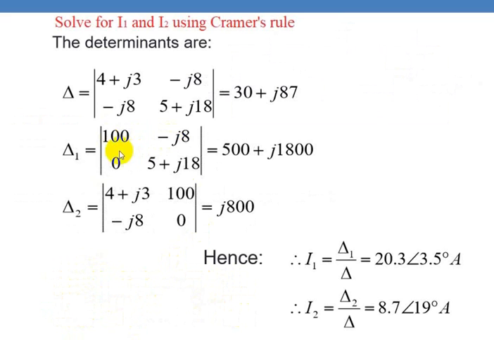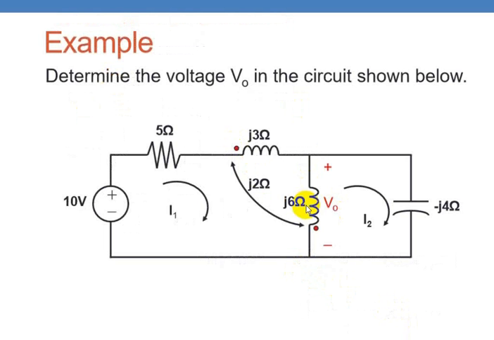Del 2 is again in this matrix, where the second column element should be replaced with 100 at an angle 0. So you will get del 2. Now find I1 as del 1 by delta. So you'll get 20.3 at an angle 3.5 degrees. I2 is del 2 by delta, which will be equal to 8.7 at an angle 19 degrees. So this is how we should solve this problem.